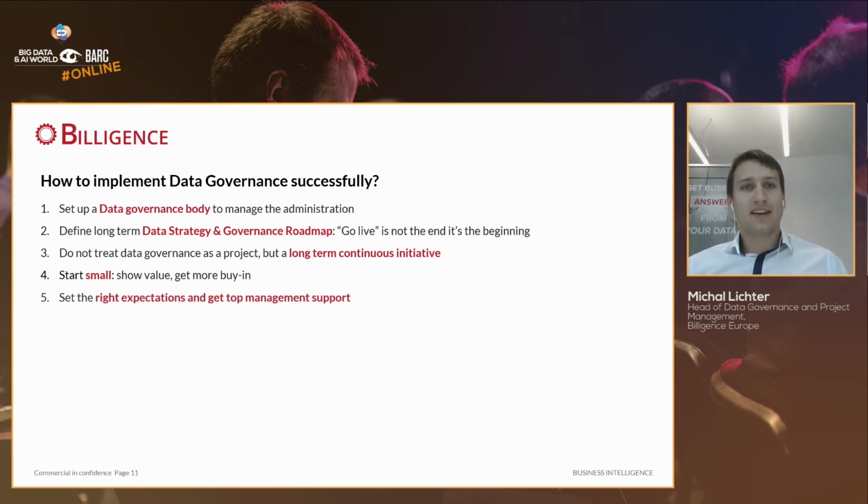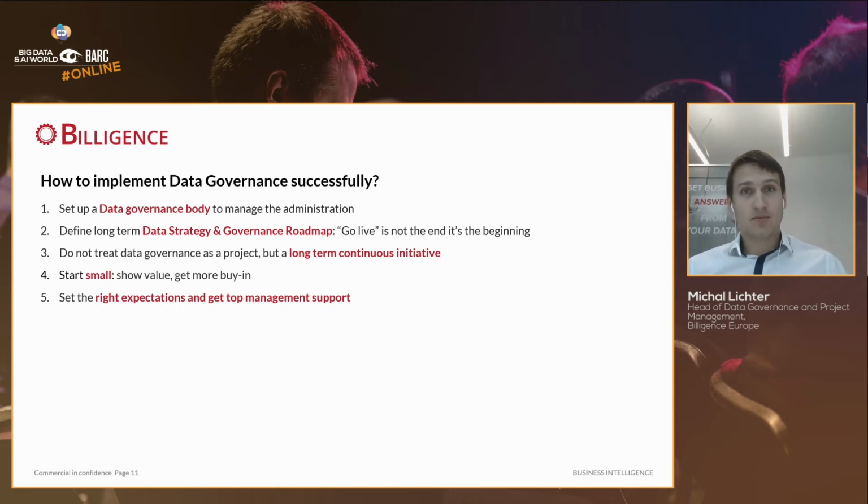Step number 5 is about setting the right expectations and getting top management support. Like any other project or initiative, setting the right expectations is key. You need to be clear to everyone that all data-related problems won't be fixed immediately, but it is rather a long-term journey which you are starting.